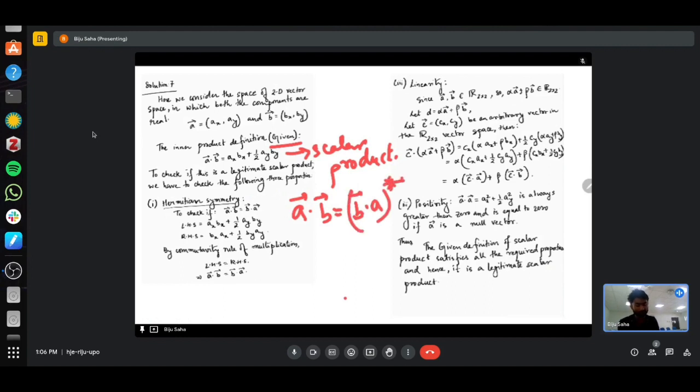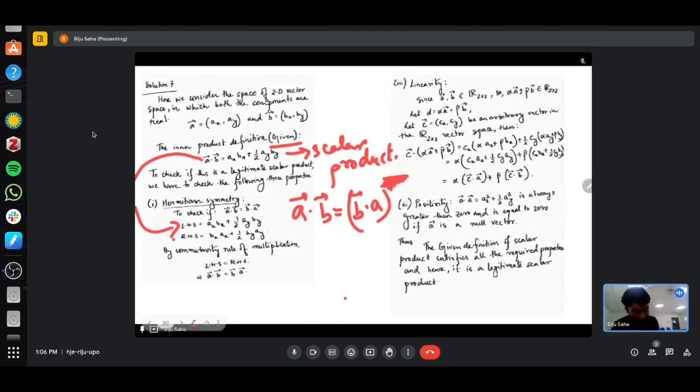But since in our case A and B are actually real, the complex conjugate of a real number is the number itself, so we don't have to bother about the conjugate sign anymore. We have to check whether A dot B is equal to B dot A. A dot B is equal to AX BX plus half of AY BY, which follows from the definition itself.